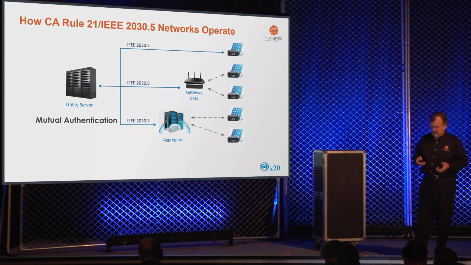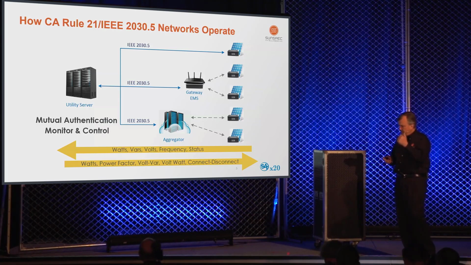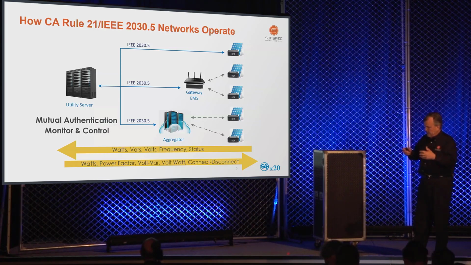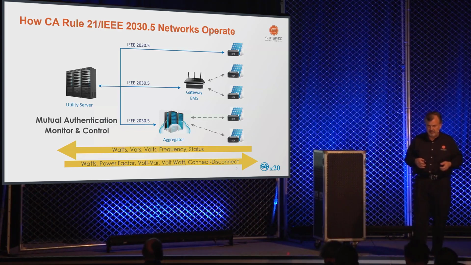This is, I think, relatively unusual. Usually it's a one-way authentication, but in this case it's 2 ways, and for good reason. One is that the utility or the controlling entity is looking to monitor what's happening out on the grid, and based upon the conditions it sees, has the ability to change the watts, the power, the current, the voltage, etc.